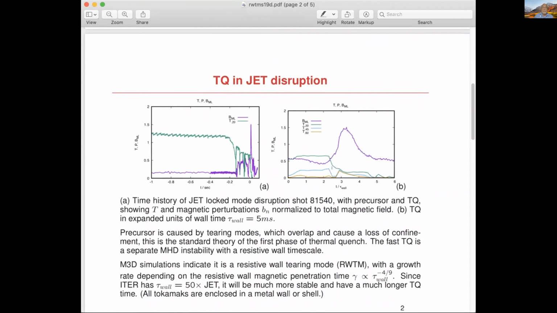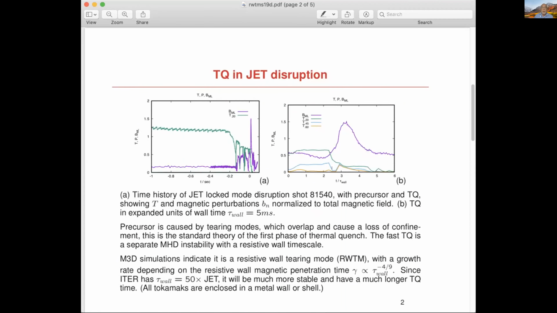And so let me show you these two pictures, which are data from a particular shot on the JET experiment. On the left, you're seeing the time history of a certain kind of disruption. The green is the temperature inside the plasma, and the purple is the magnetic field measured outside the plasma.